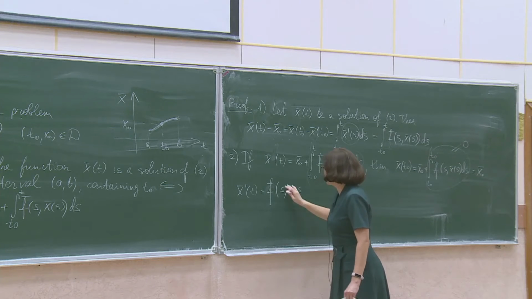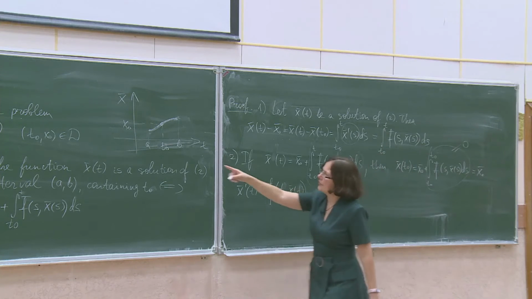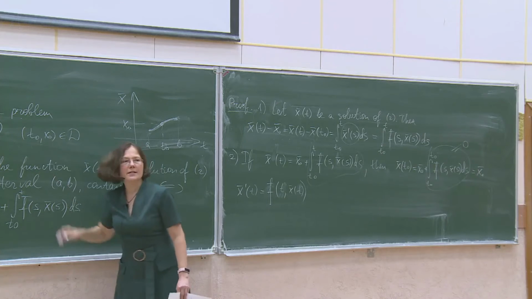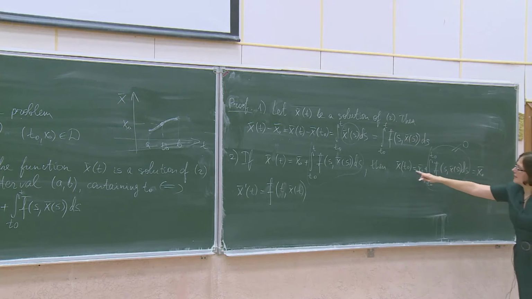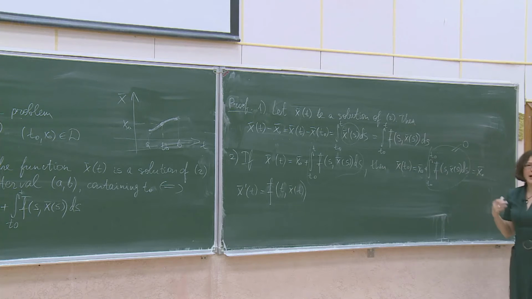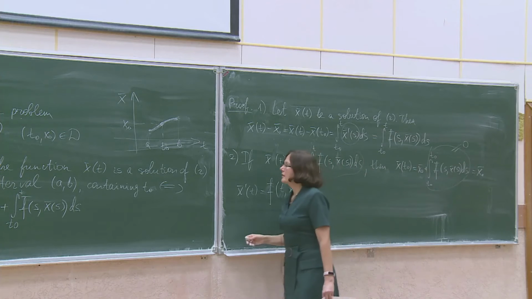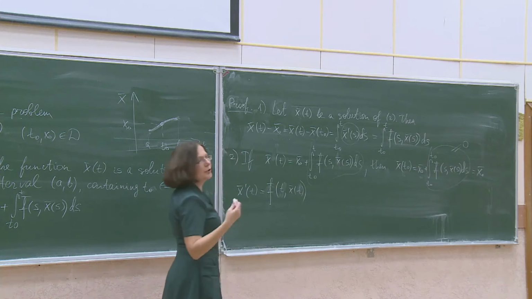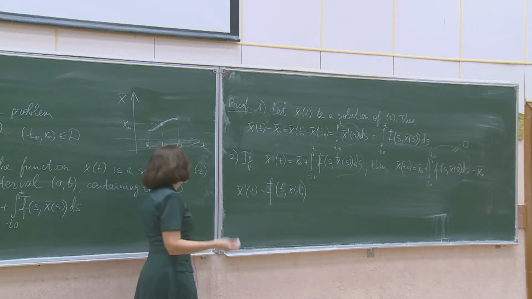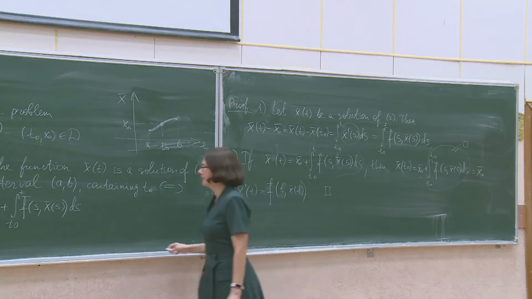So we can see that the first equation is satisfied, and the initial value x of t0 is equal to x0. So we can see that x of t is the solution of the initial value problem. So this lemma is proved, and we will need it in what follows.